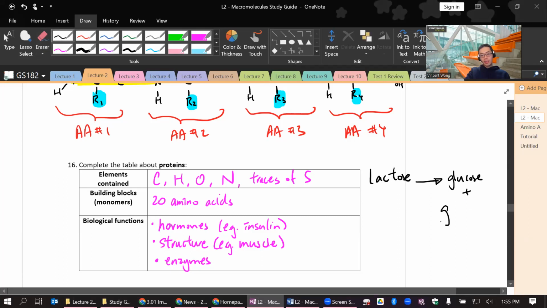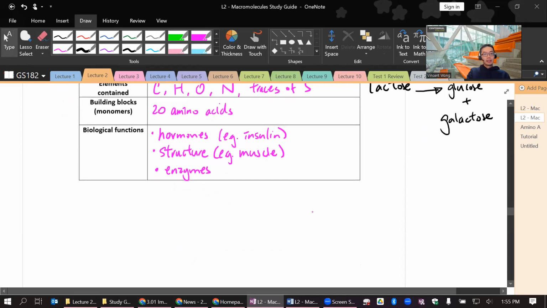Lactose is glucose plus galactose. To break down lactose, we need an enzyme called lactase. Don't worry about the name, I'm just giving it as an example. People who don't have lactase won't be able to break down lactose, and they might be lactose intolerant. You've probably heard of that before. Every reaction in the body requires an enzyme.